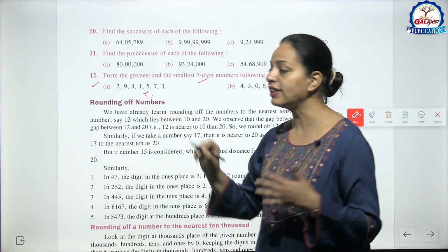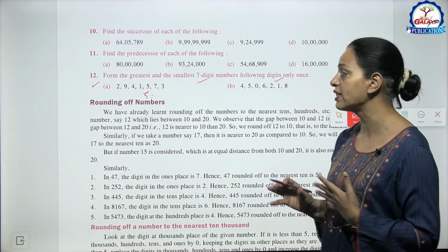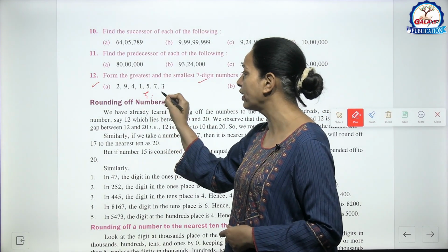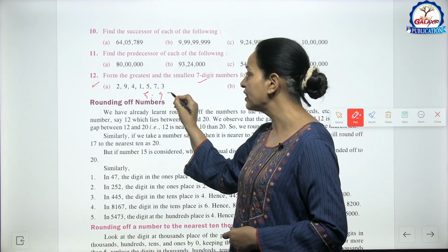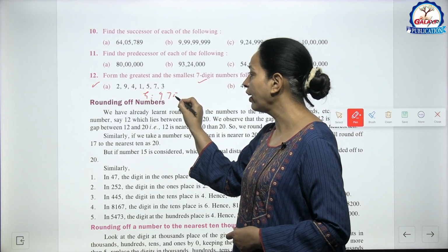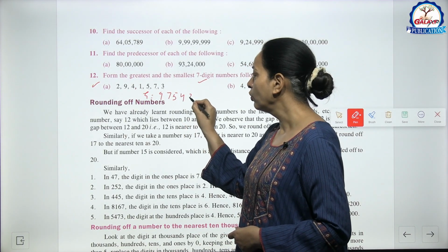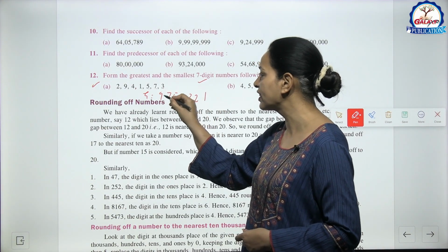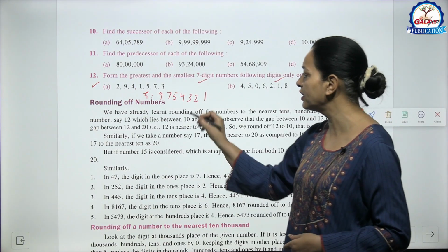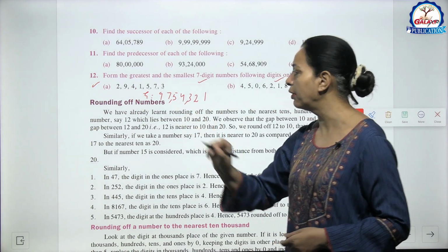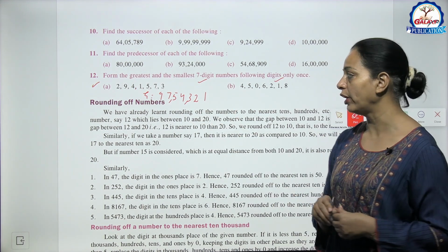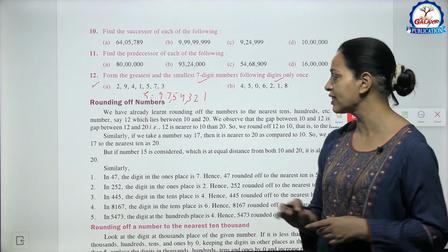We can write the digits in descending order, decreasing order. So the greatest one is 9, then 7, then 5, then 4, 3, 2, 1. We have taken all the digits. So this is the number 97,54,321. This is the greatest number.